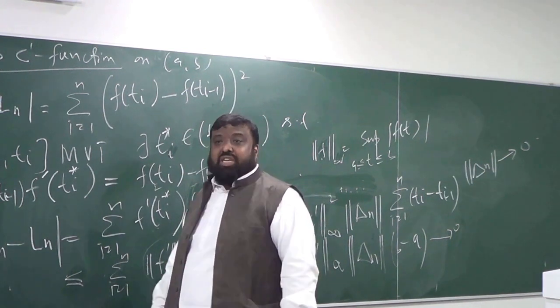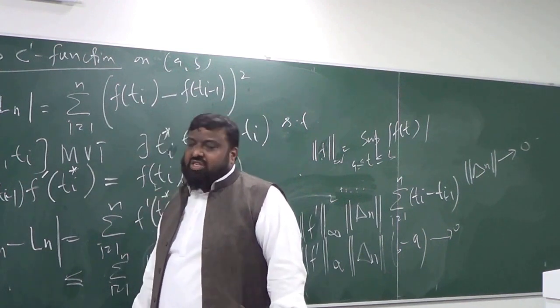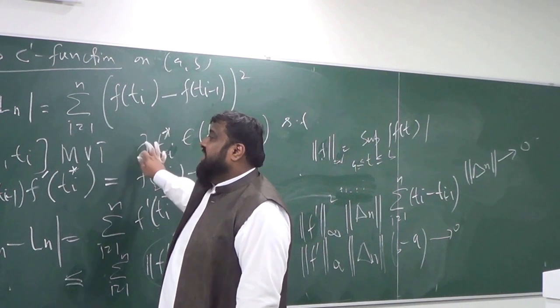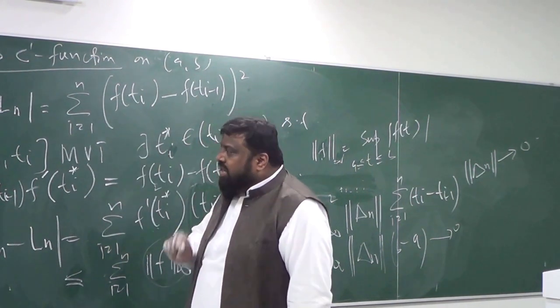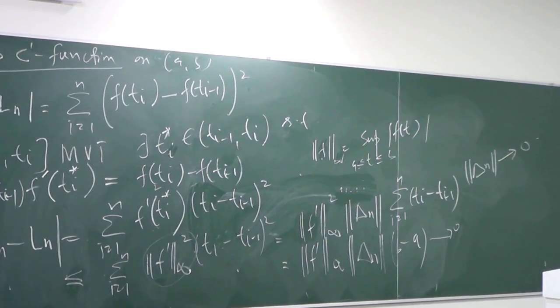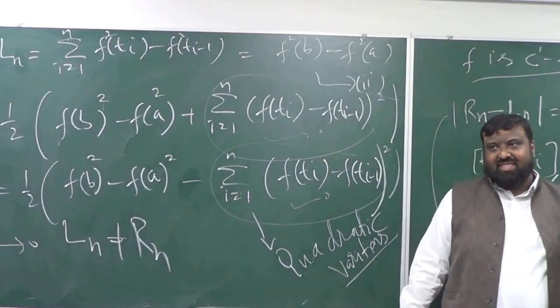Our random processes are not differentiable. This is not interesting for us. But what I'm going to show is that you can have random processes which are continuous and have this property that their quadratic variation goes to 0.